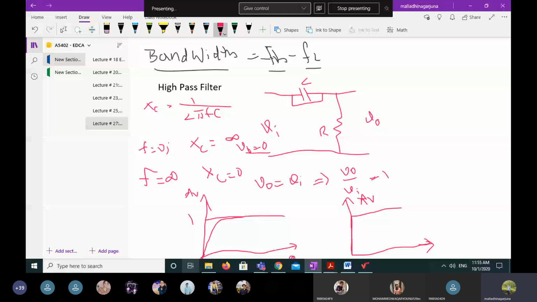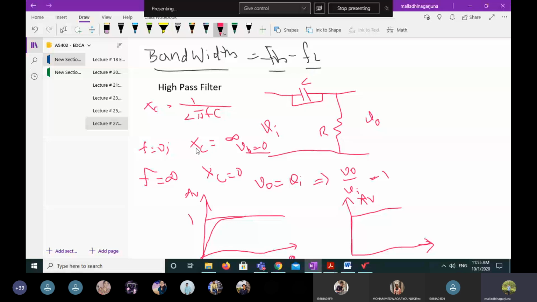Any doubts in this? Once again, a high pass filter is defined as the filter which allows high frequencies and blocks low frequencies.